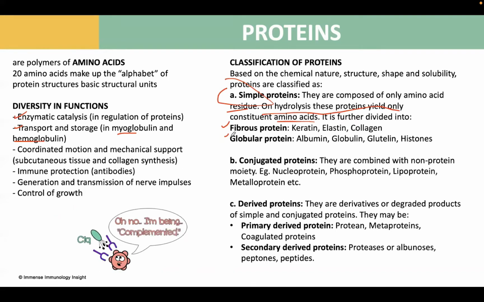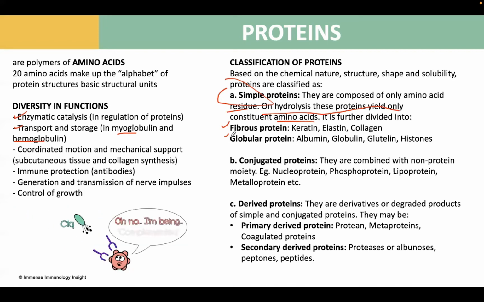The next classification of proteins is conjugated proteins. They are combined with a non-protein moiety. Examples are nucleoproteins, phosphoproteins, lipoproteins, and metalloproteins. If you can remember, a lipoprotein is the combination complex of lipid and protein, and it has a specific function in our body. Next is the derived protein.